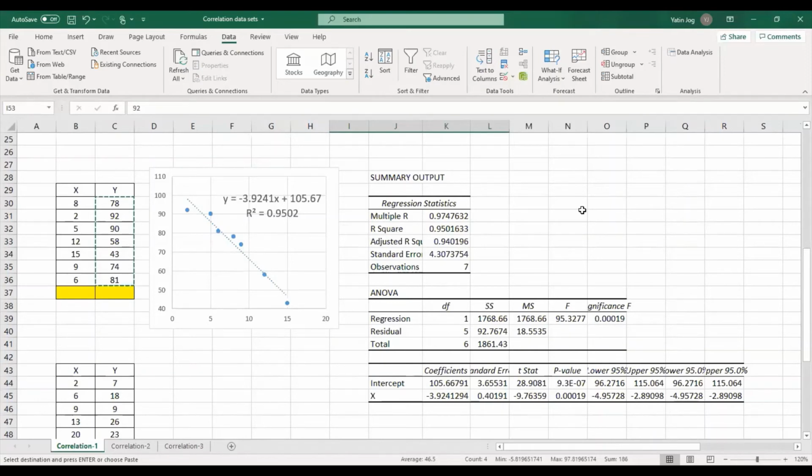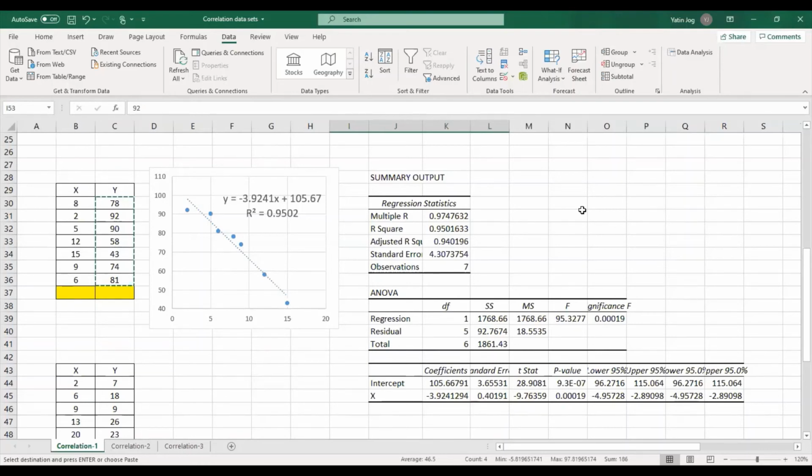Or I can say almost 95% of change in Y can be explained by X. That means if I'm changing the value of Y by 100, for example, I can predict that change using X at 95% level.